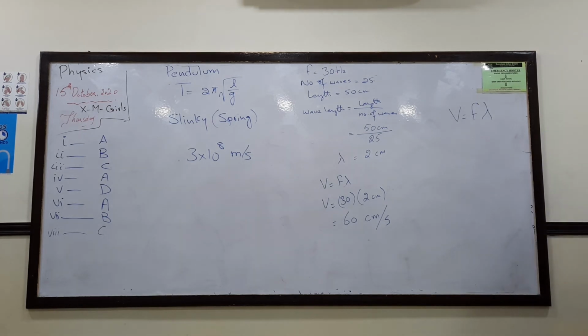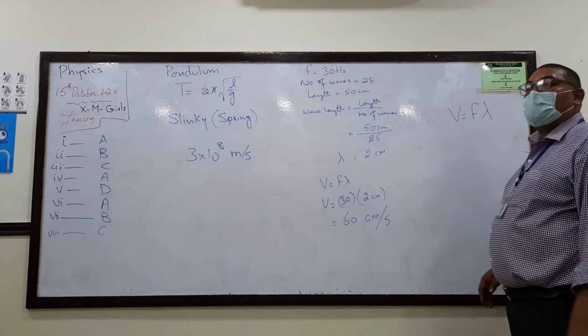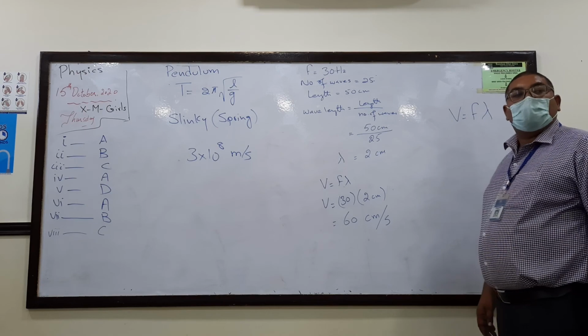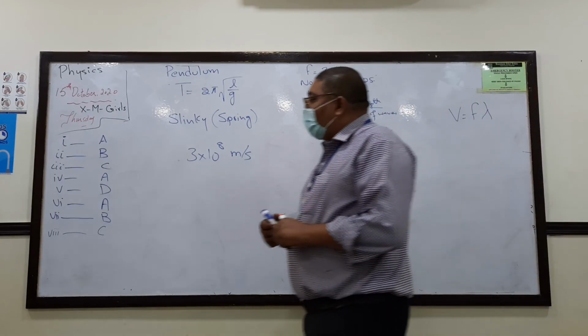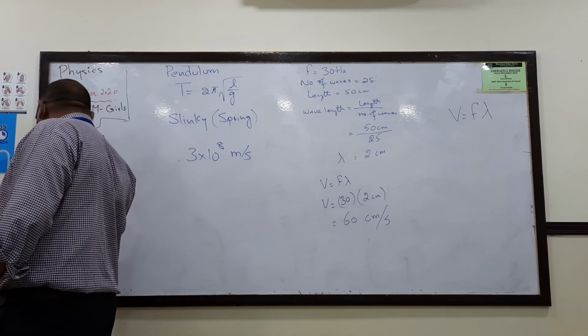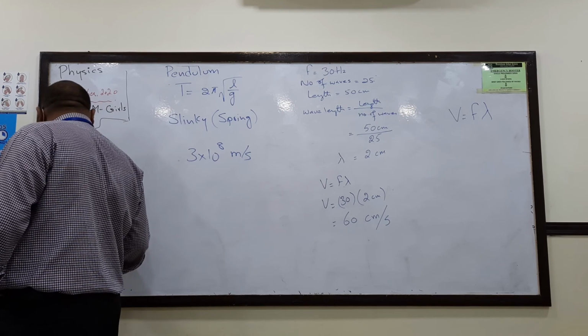This is called the wave equation. Is this present in the options? Yes, V = f λ. B is the choice. So for the ninth one, the option is B.